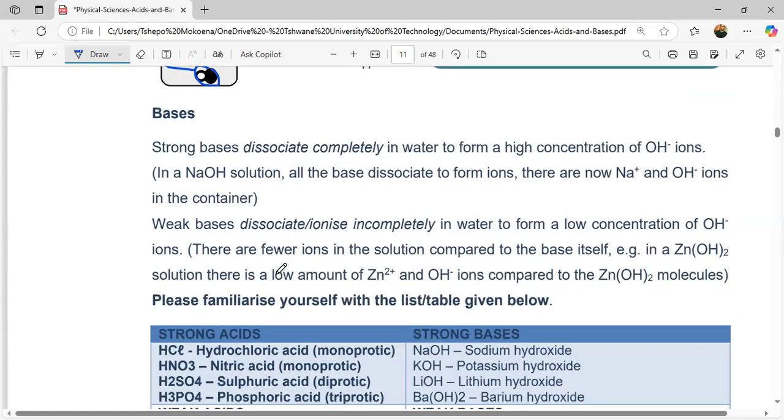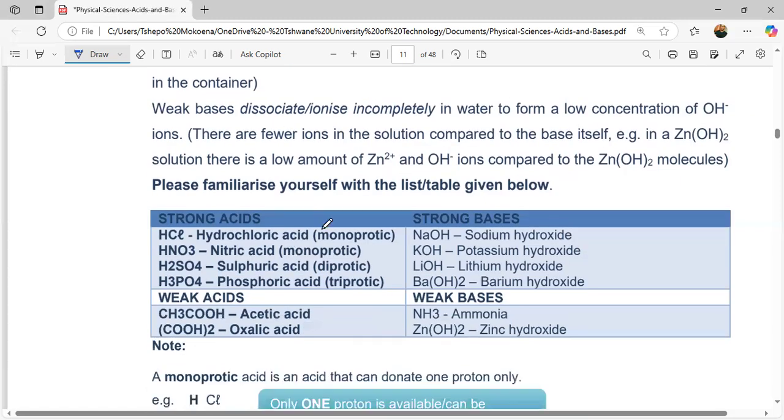Now, we have already spoken about this, but what I want us to do over here is look at this table, the list of acids and bases. I think there are seven of them.